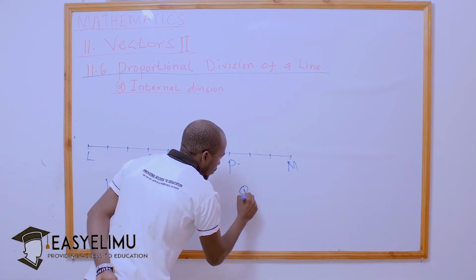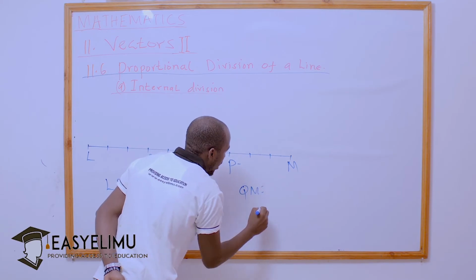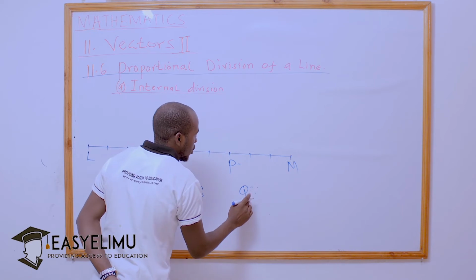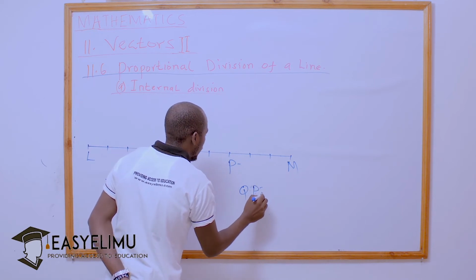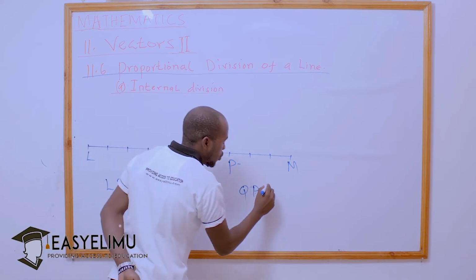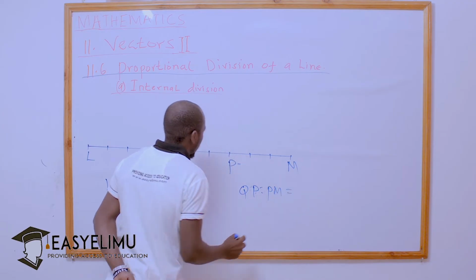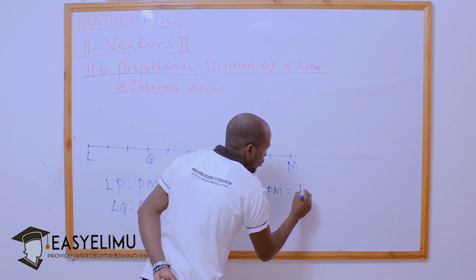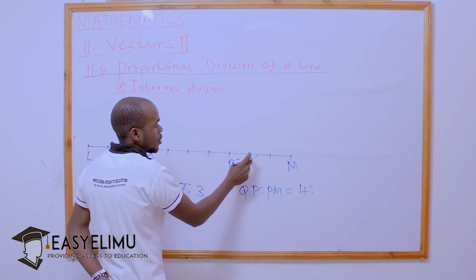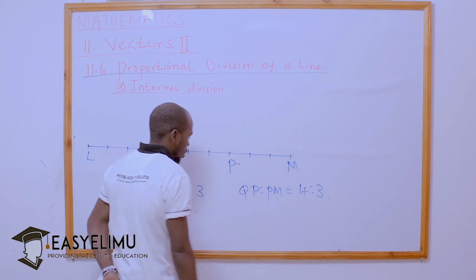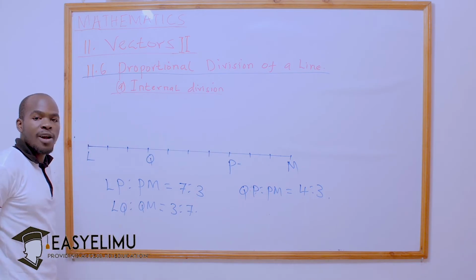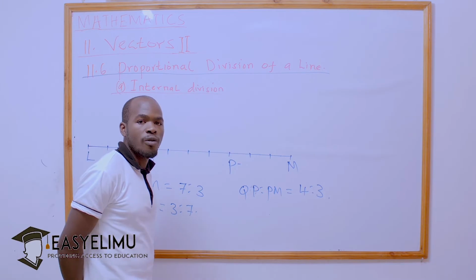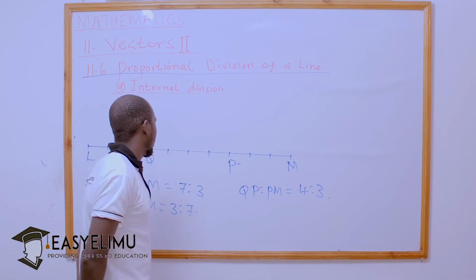It now will change. QP to PM will be equal to, now you work out 1, 2, 3, 4, that is 4 divisions to 3. So point P divides line QM in the ratio 4 to 3.